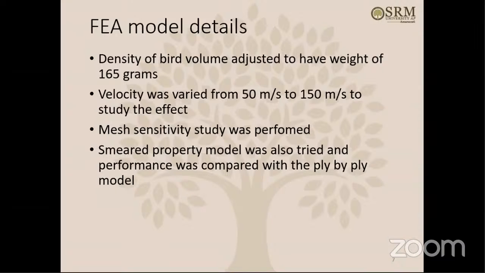What you do is calculate the average property of that whole thing, 0, 90, 45, minus 45, and then put that average property for one particular element. Within that element all these four layers are contained, and it's the average property of the four layers. That's called smeared property. So that was also tried, and performance was compared with the ply-by-ply model.